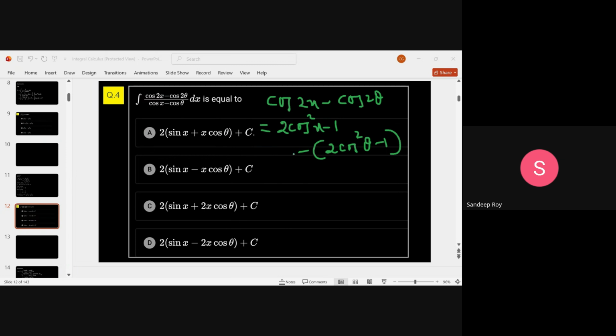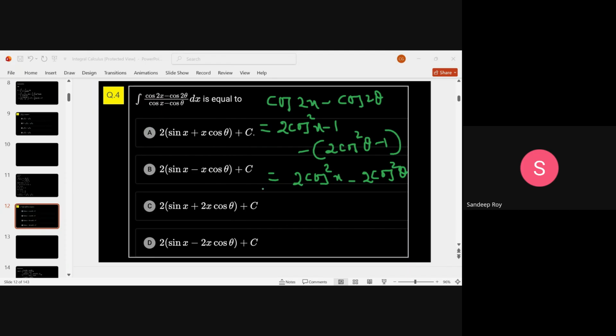After that, the 1 and 1 will get cancelled. Ultimately, the numerator left over is 2 cos square x minus 2 cos square theta. And the denominator is already given, that is cos x minus cos theta.